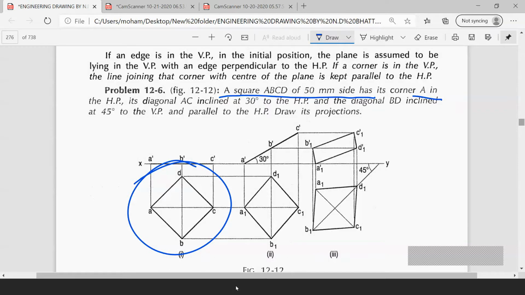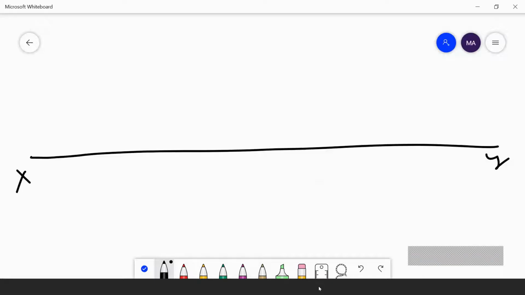For that, it is clearly given that corner A is in the HP, which means the diagram is in the HP. So what I am doing is taking one point and marking 45 degrees like this. Understand?